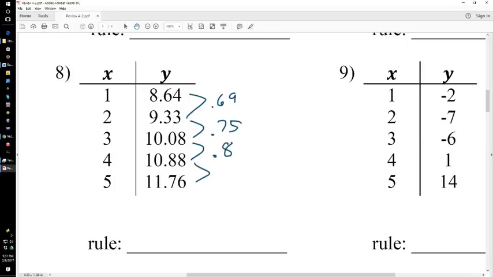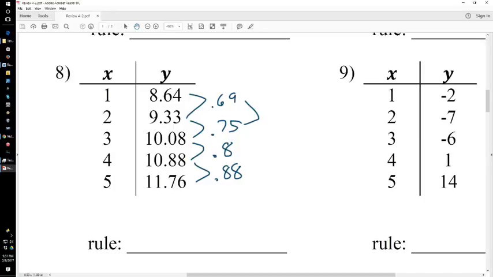And 11.76 minus 10.88 is 0.88. So this one might actually be quadratic, as funny as that sounds. But let's see. It's awfully close.